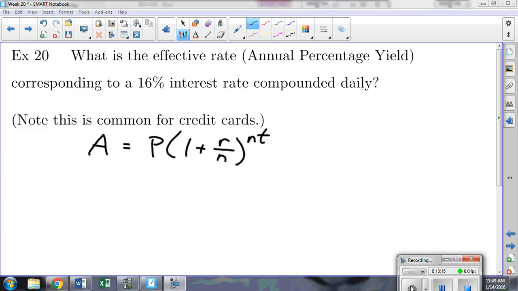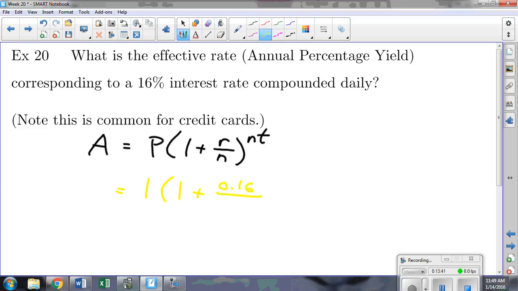And let's start putting in what we know. What is the amount of your original investment? We'll look at it and say $1 for 100%. What is the R value? 0.16. We'll take that percent and represent it in its decimal format.